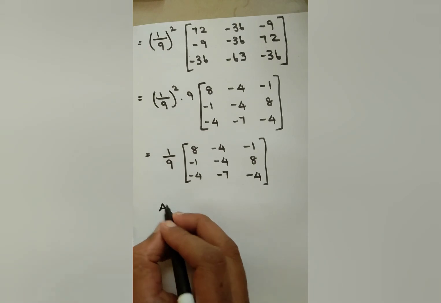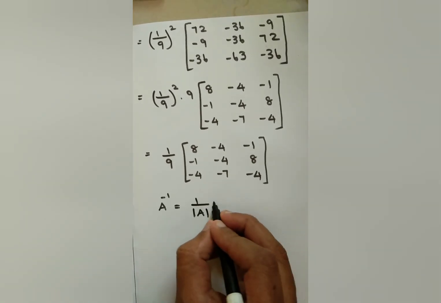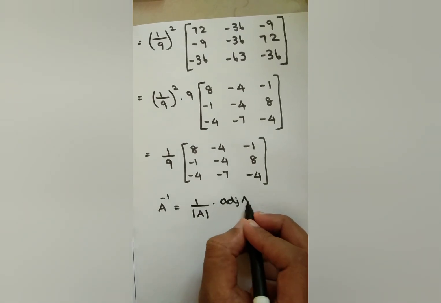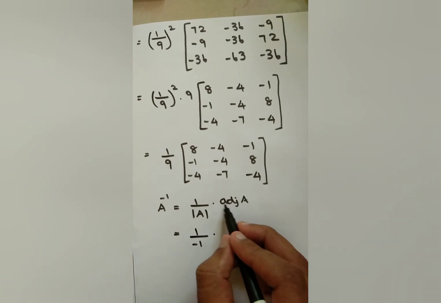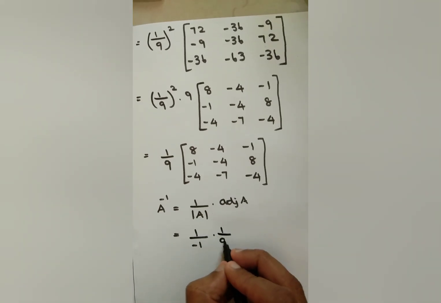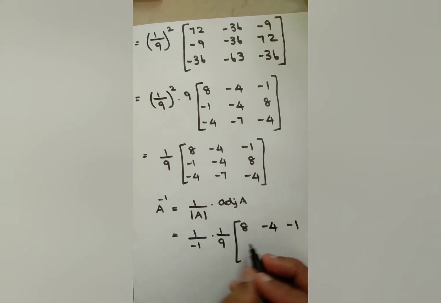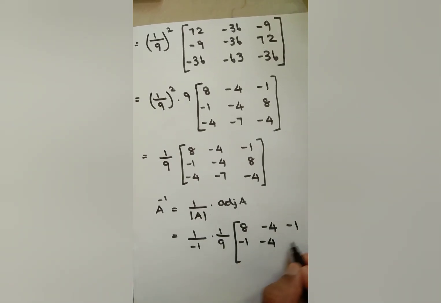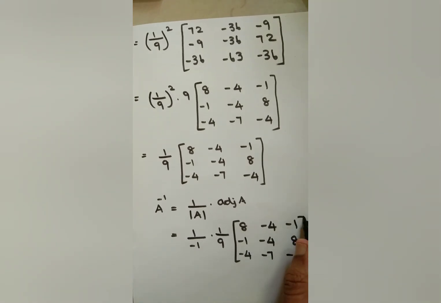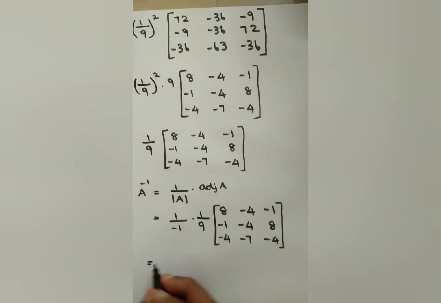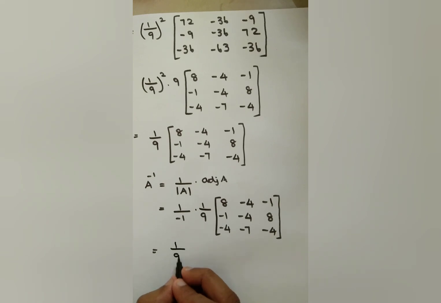Now I am going to substitute in the inverse formula. A inverse is equal to 1 by determinant of A into adjoint of A. I got my determinant value minus 1 and adjoint value 1 by 9 into the matrix. Bring that minus inside the matrix.